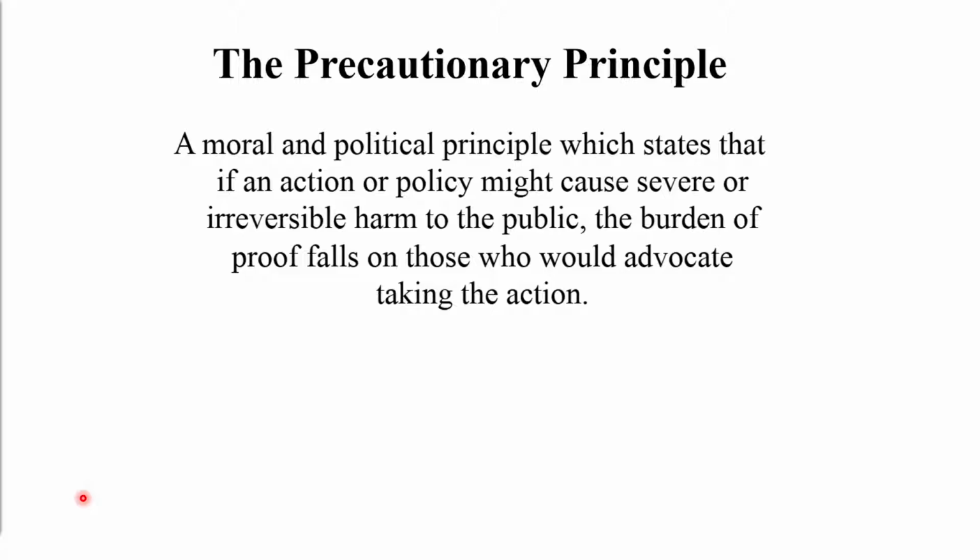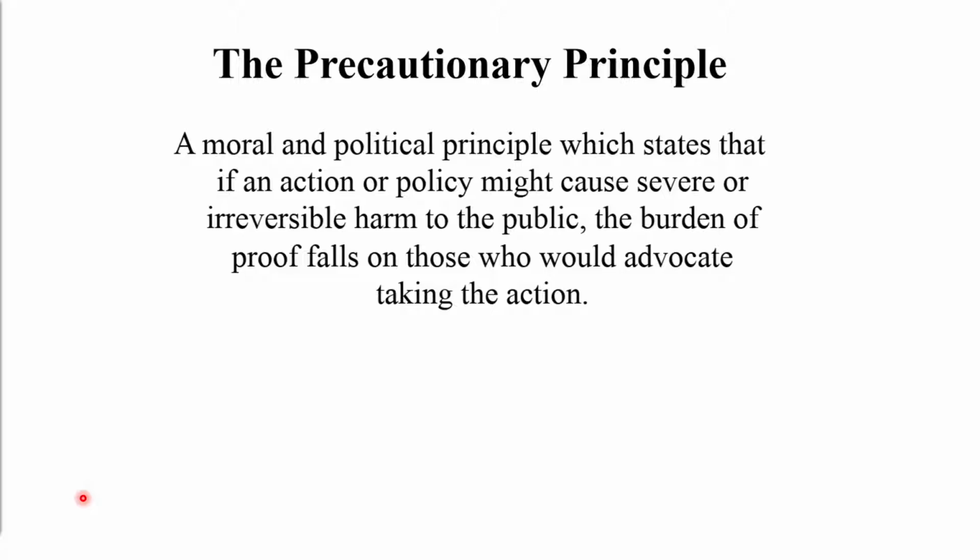And so when we apply the precautionary principle in that context, the burden of proof is shifted completely onto the oil company. So the individual or the group that is promoting the policy or the action must prove to the public that this is safe.